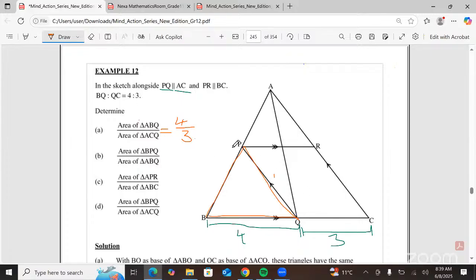And then ABQ. This is ABQ. Okay, now how are we going to tackle this one? Anyone, guys, who can tell us how we can approach this question?